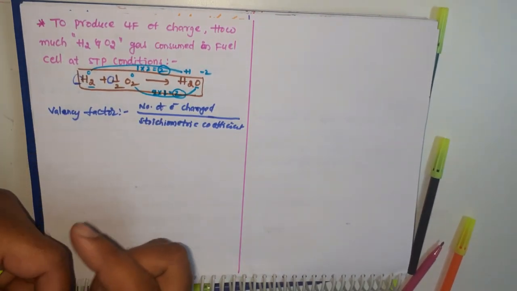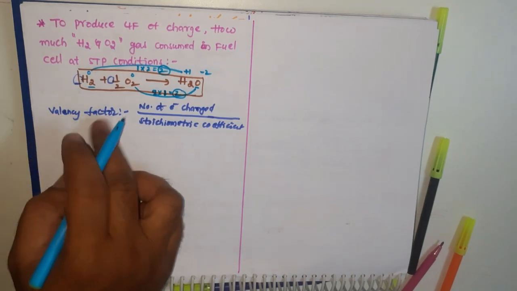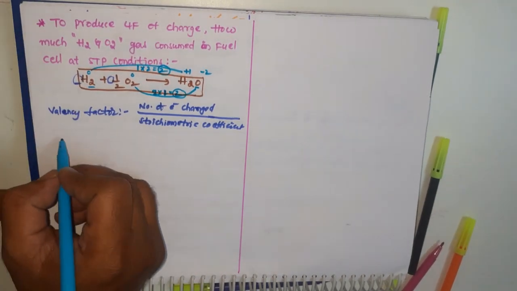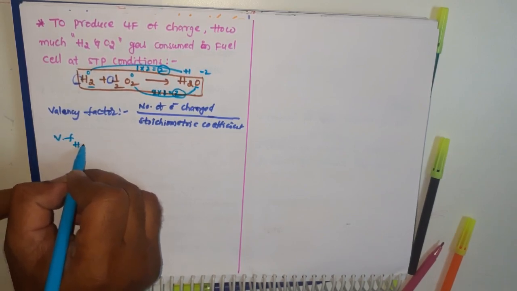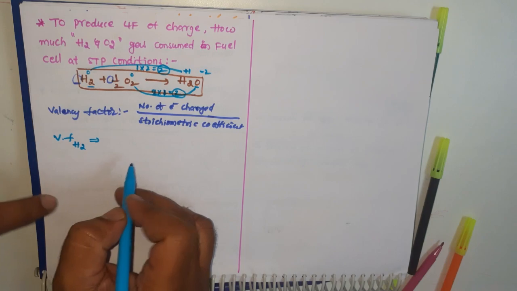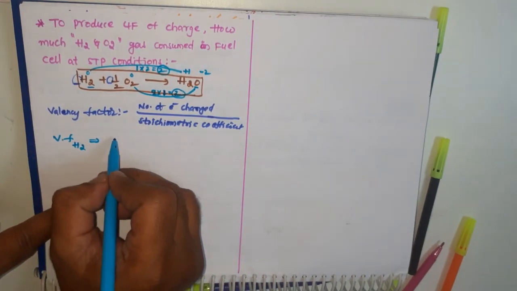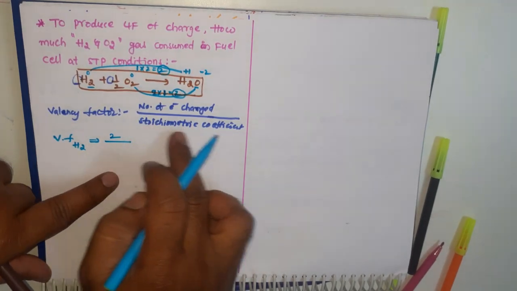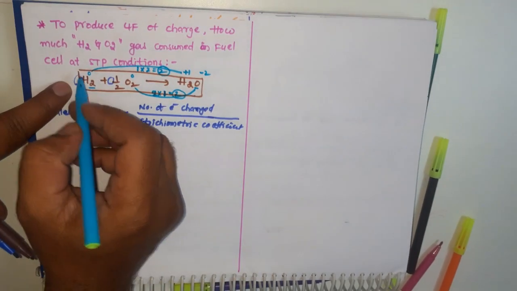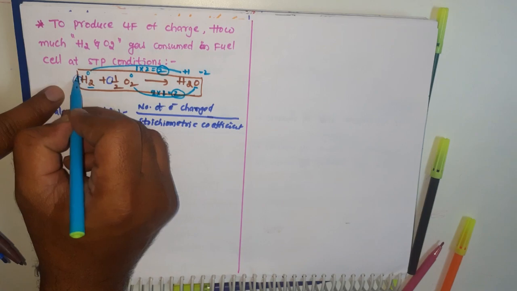Now we find the valency factor of hydrogen. The valency factor of hydrogen is the number of electrons changed, which is 2, divided by the stoichiometric coefficient, which here is 1.